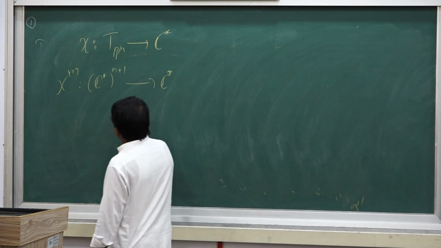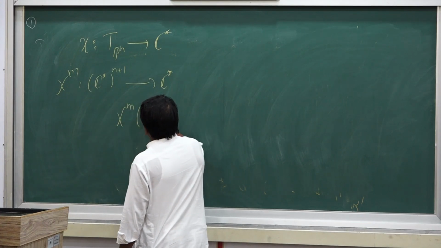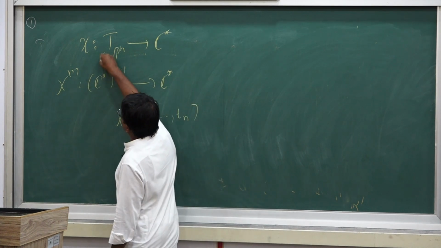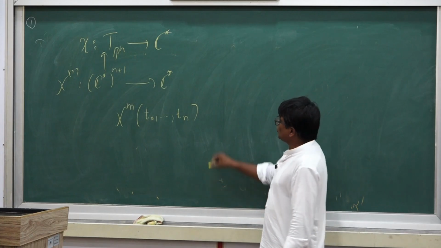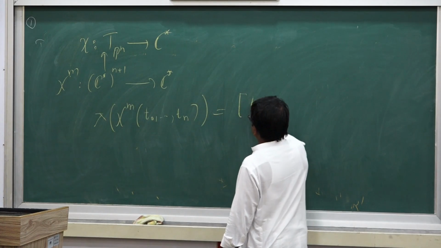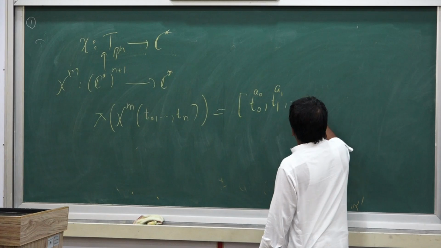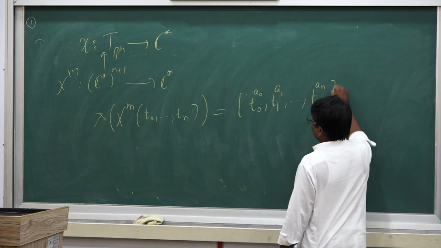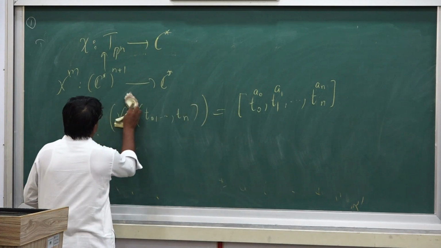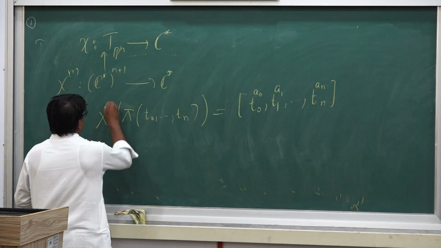So I say that m is applied on T naught up to Tn, and then I can make a natural projection here. I can apply this projection and consider it as T naught A naught up to T1 A1 times Tn An, and the other way around: projection here and then applied on this one.